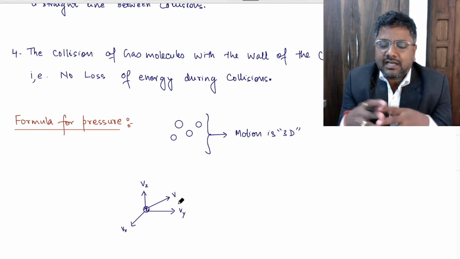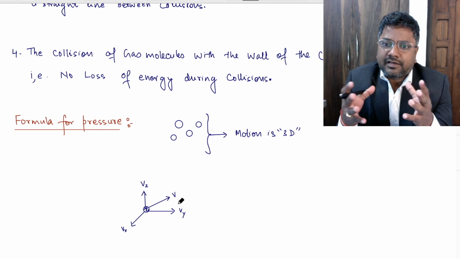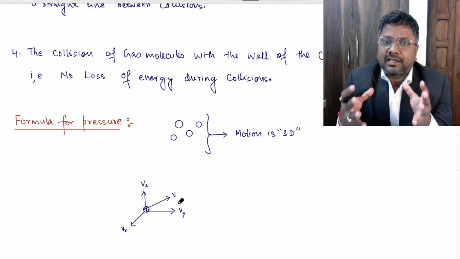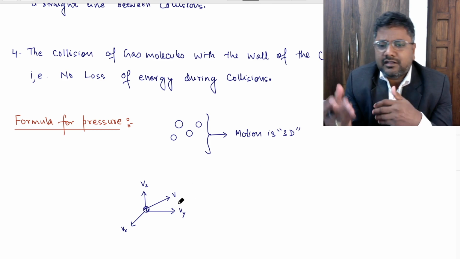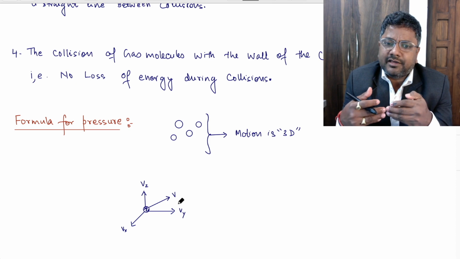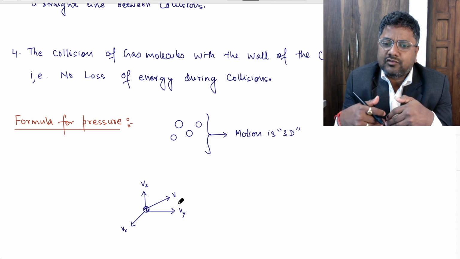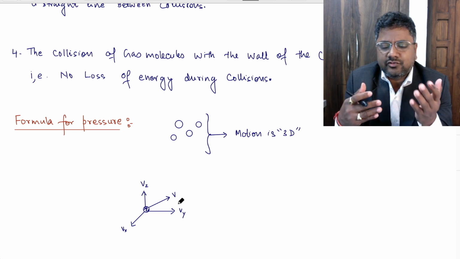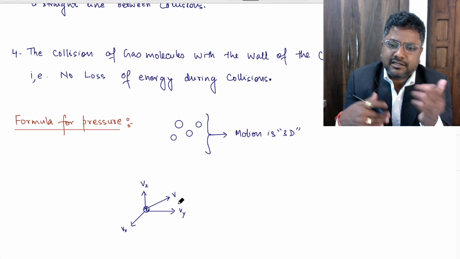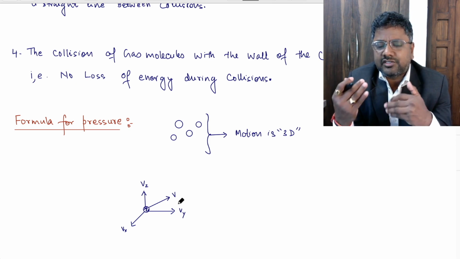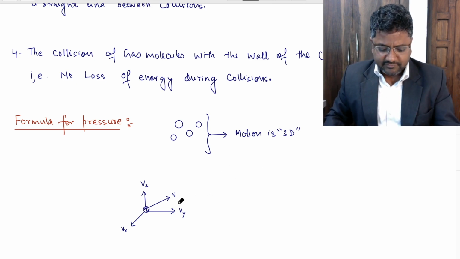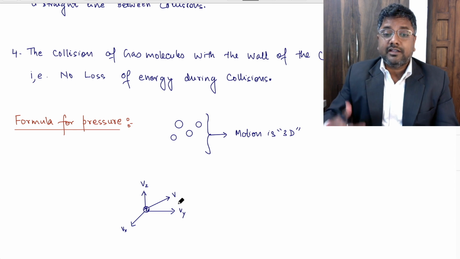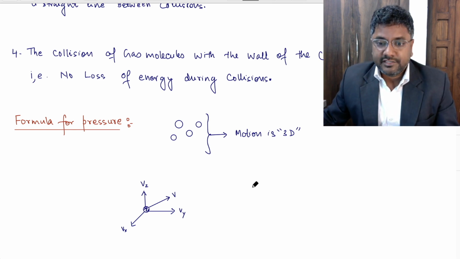In the case of a large number of molecules, the velocity at every moment for the gas molecules is zero, because we can assume that if some molecules are moving in one direction, there is an equal probability that some molecules are moving in the opposite direction, with components opposite to that set of gas molecules. So definitely the velocity is zero. That's why we are using speed here, right?